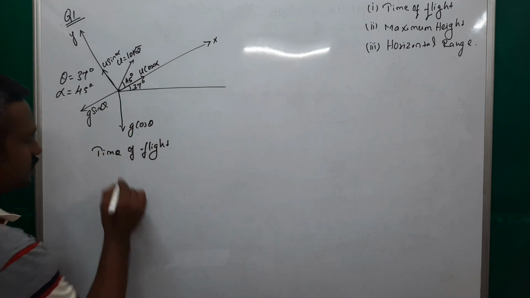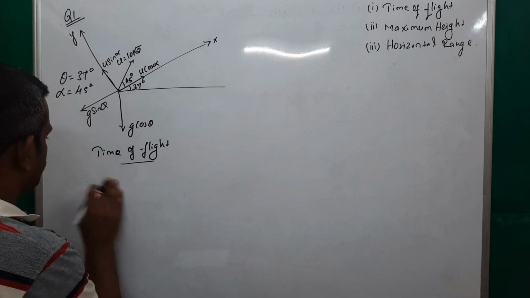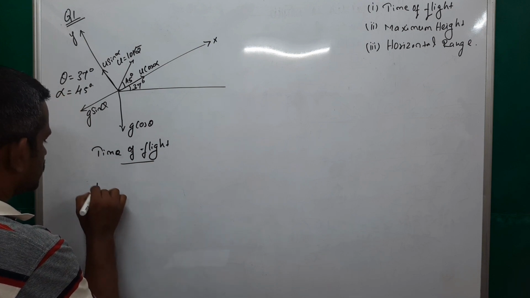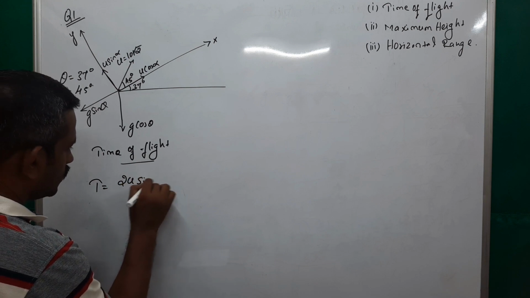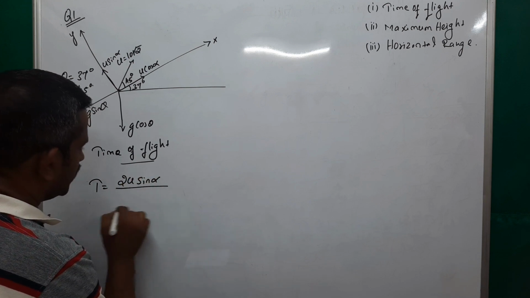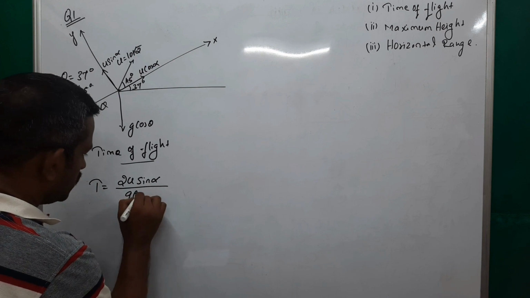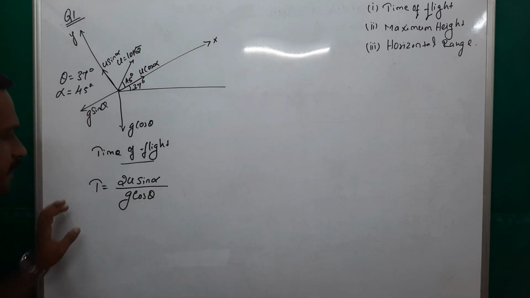So time of flight: the formula we have derived, T is equal to 2u sin alpha divided by g cos theta. This is the formula for time of flight.